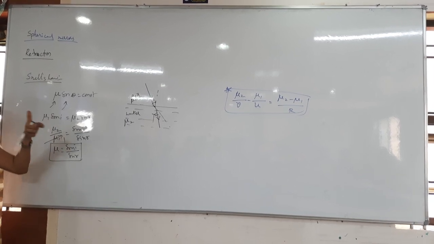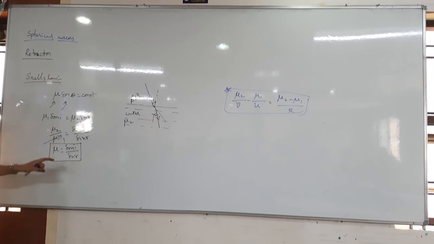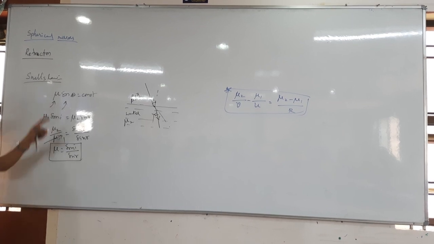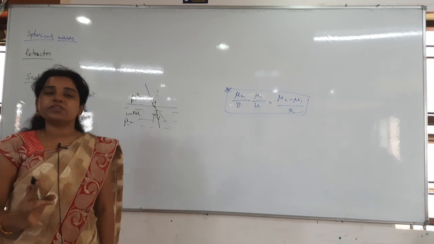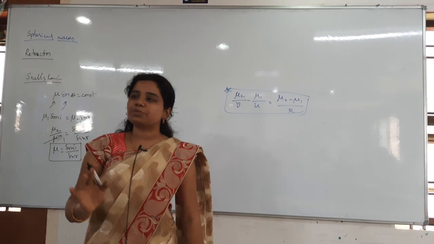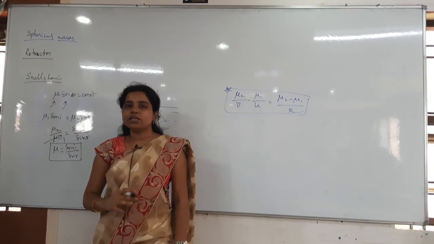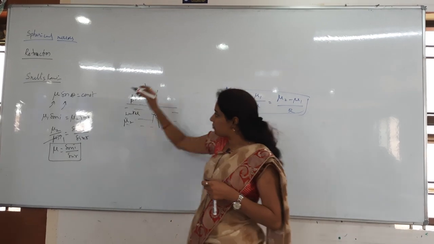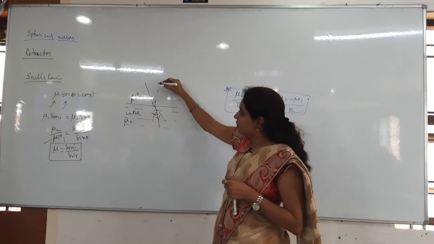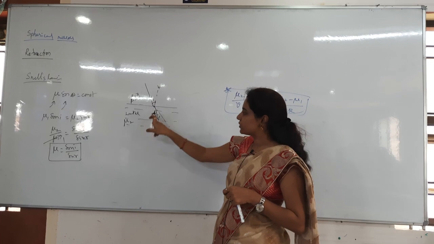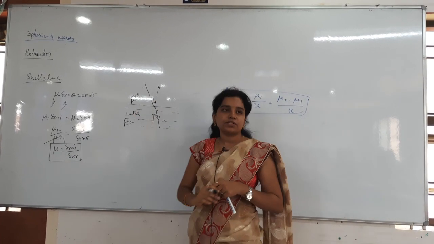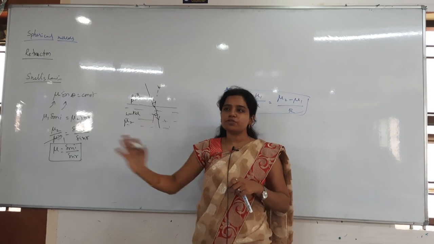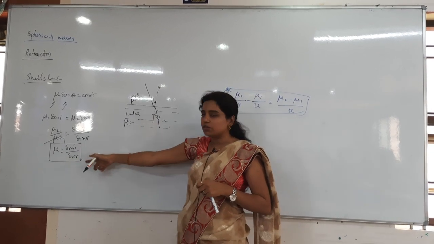This is Snell's law. Snell's law states that the product of the refractive index and the sine of the angle with respect to the normal drawn to the boundary is always constant. This is the normal drawn. With respect to the normal, this is the angle of incidence and this is the angle of refraction. So the product is always constant, meaning the initial value is equal to the final value. From that only we got this value.